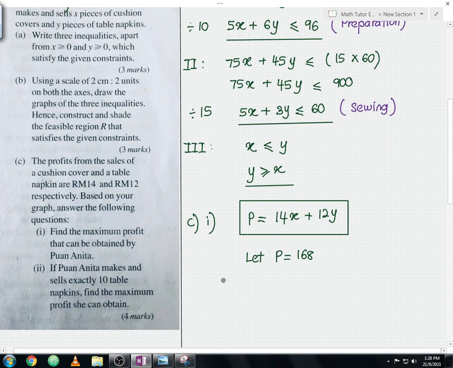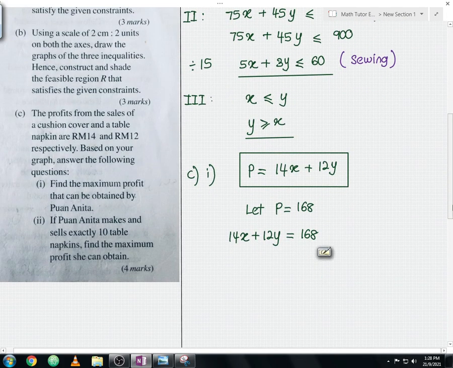It will be 14x plus 12y equals 168. In order to plot the dotted line on the graph paper, you need to choose any two points. When x equals 0, oh sorry guys, it's lagging.